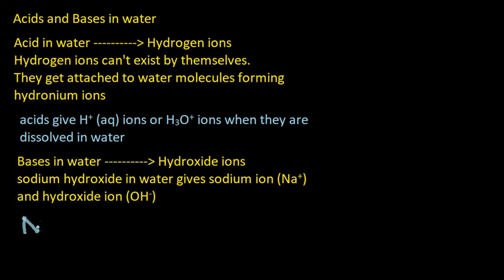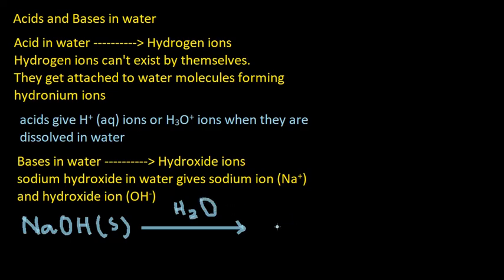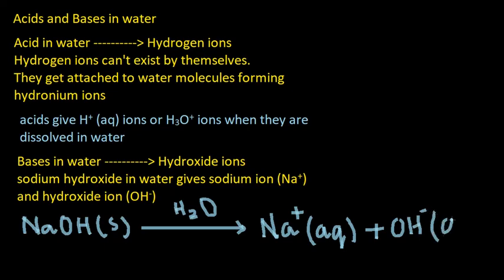Symbolically, we can write it in the following manner. NaOH, which is a solid, in water it forms Na plus sodium cation dissolved in water and hydroxide OH minus anion, which is also dissolved in water.